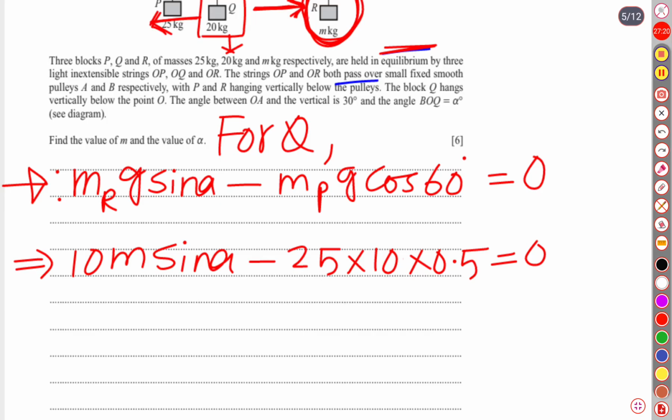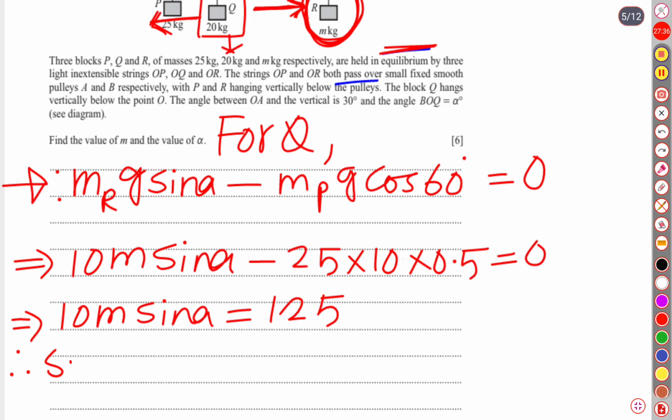If we isolate that value, it is going to be 10m sin alpha is equal to 250 times half, which is 125. If we isolate sin alpha, hence sin alpha is equal to 125 over 10m. We may leave this as equation number 1.